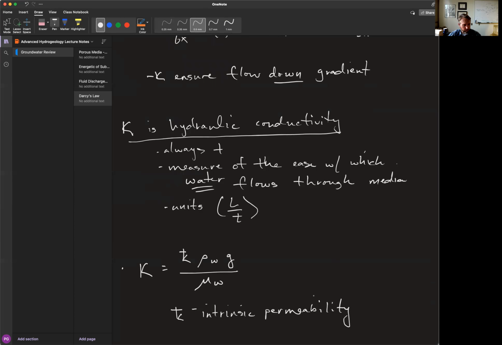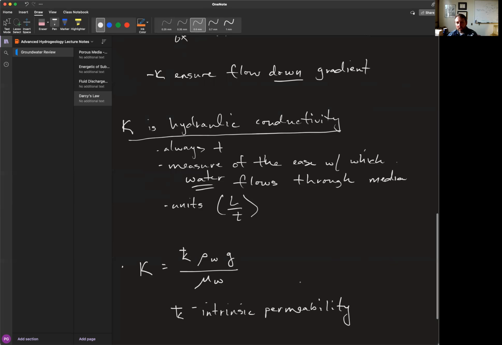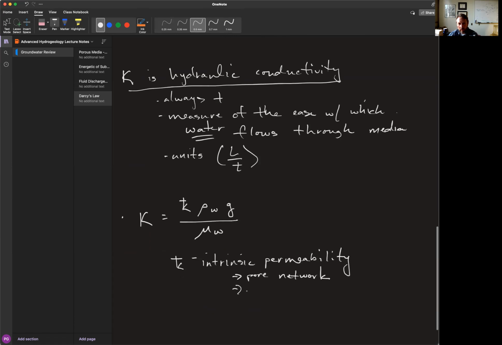And the permeability is basically a measure of the properties of the pore network. It is the ease with which any fluid could flow through the rock. It's just like how big are the pores?